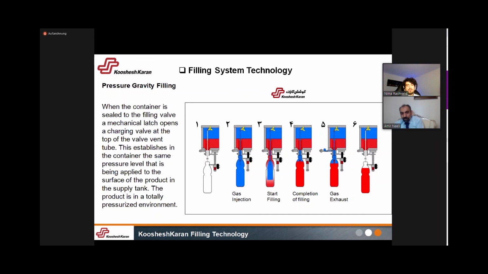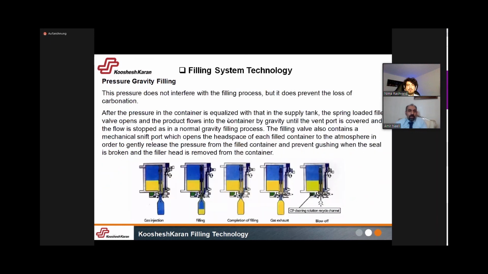The pressure doesn't interfere with the filling process, but it does prevent the loss of carbonation. After the pressure in the container is equalized with the supply tank, as I said before, the spring-loaded filler valve opens and the product flows into the container by gravity until the vent port is covered and the flow is stopped, as in a normal gravity filling process.